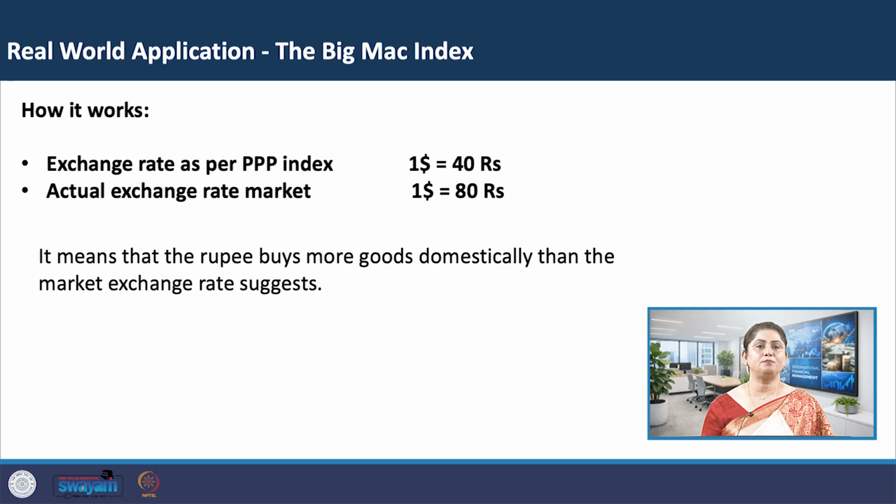Now, if the PPP exchange rate is rupees 40 per dollar, but the actual market exchange rate is rupees 80 per dollar, it means that the rupee buys more goods domestically than the market exchange rate suggests. In other words, goods and services in India are relatively cheaper compared to the US. Therefore, the rupee appears undervalued relative to its purchasing power.